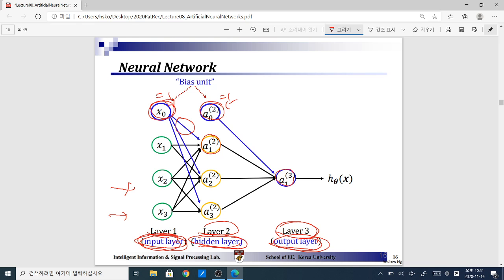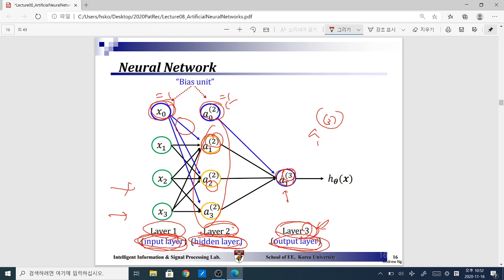Now, I made a notation for the layer number. For layer 2, I am using a superscript to represent the layer number. For example, for layer 3, I'm using A3, superscript, to represent the layer number, and then using the subscript to represent the unit of the layer.